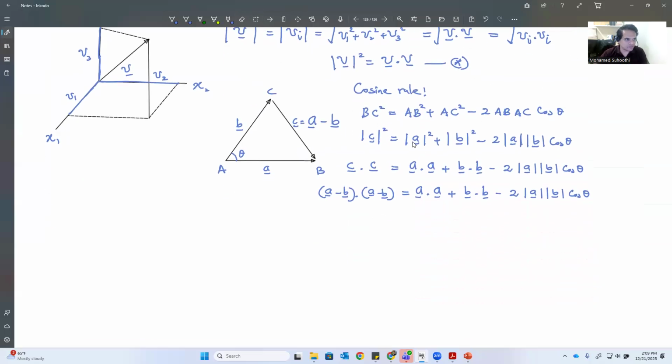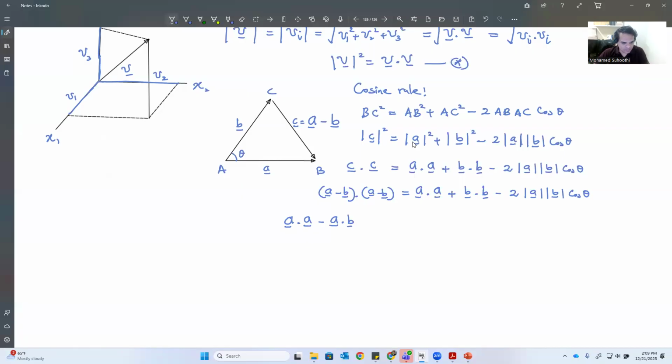Now this is like a dot product, so I can write it like this, eliminating the brackets. A vector dot A vector, then minus A vector times B vector.